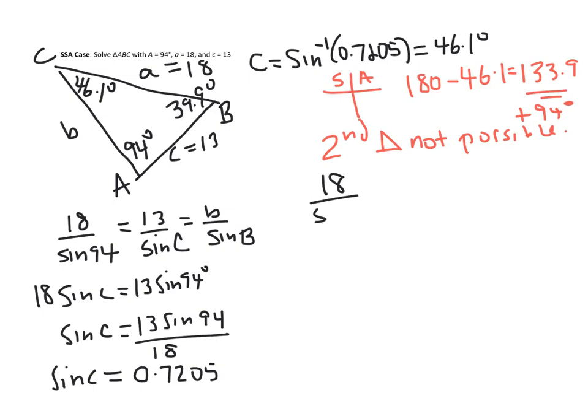18 over sine of 94 is equal to b over sine of 39.9.